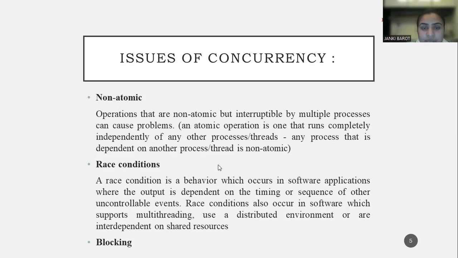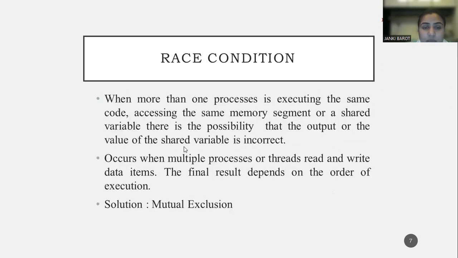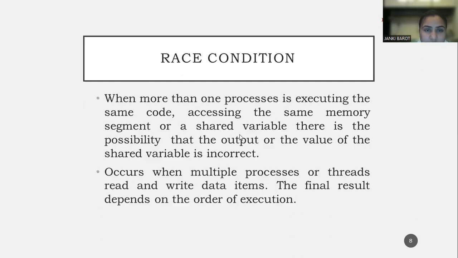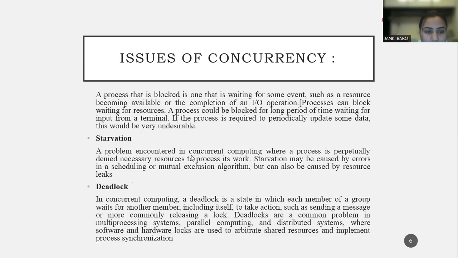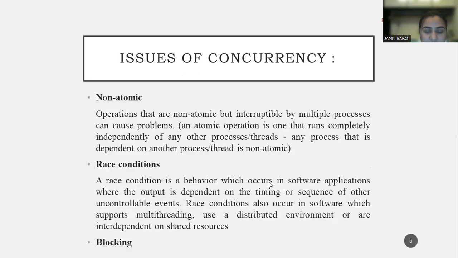I have already explained that when two or more processes try to access the same resource, the same code or the same memory segment, they will have a race condition. A race condition is a behavior which occurs in a software application where the output is dependent on the timing or sequence of uncontrollable events. Now you're able to understand what a race condition is.